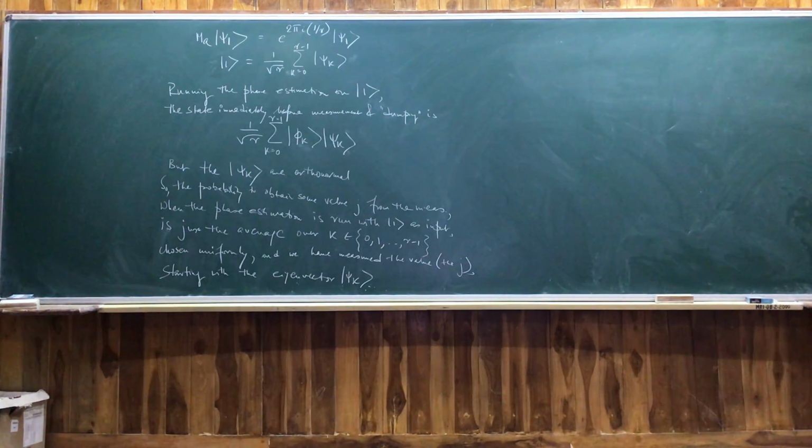Because you are measuring the J at the end. Are you simply saying that the probability of getting that J is sigma J phi K mod square, sum over K?